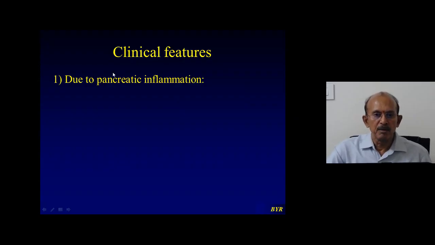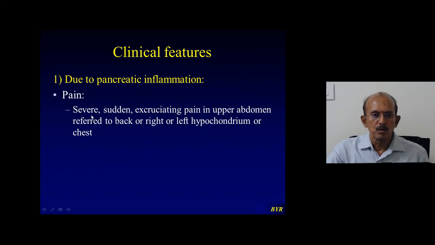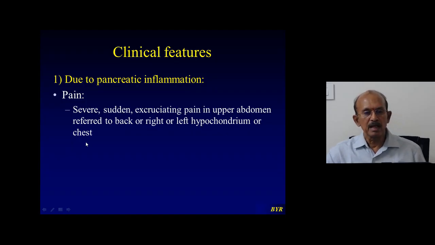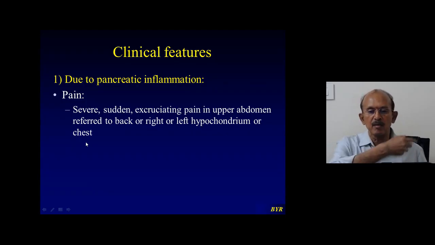Due to pancreatic inflammation, pain, which is severe, sudden, excruciating in the upper abdomen, referred to the back, or right or left hypochondria, or to the chest, because the pancreas is situated across the abdomen.